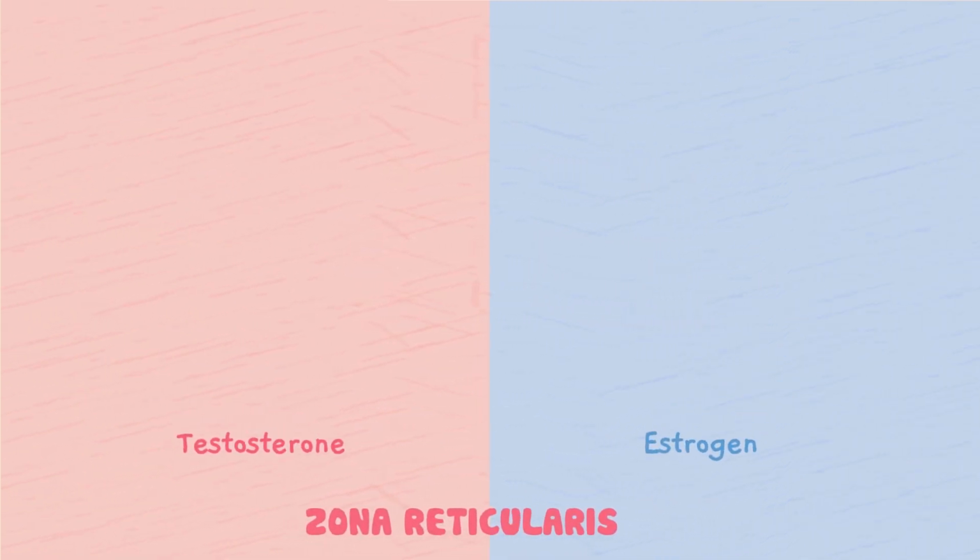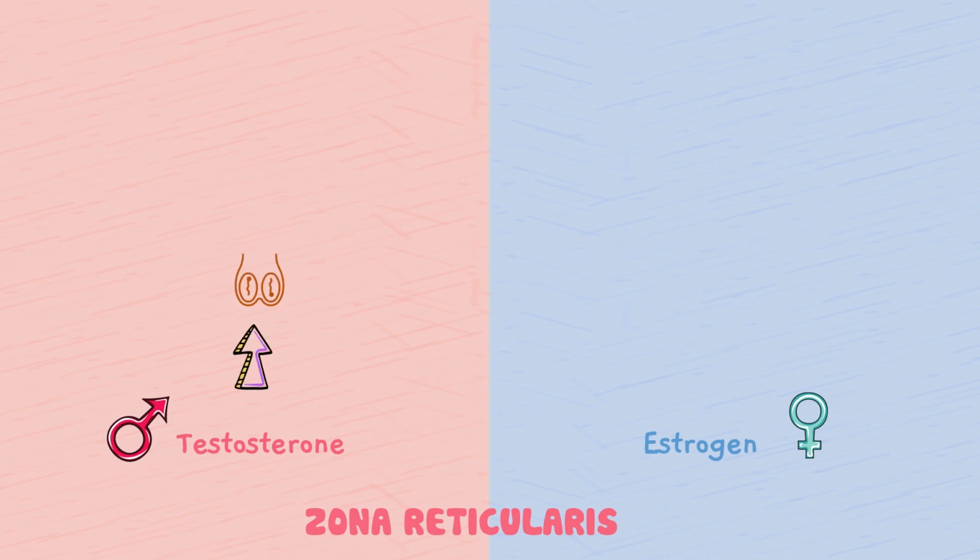Now, testosterone is the male sex hormone, while estrogen is the female sex hormone. Do remember that these are not produced solely by the adrenal glands. Rather, testosterone is mainly produced by the testes in males, while estrogen is produced mainly by the ovaries in females.